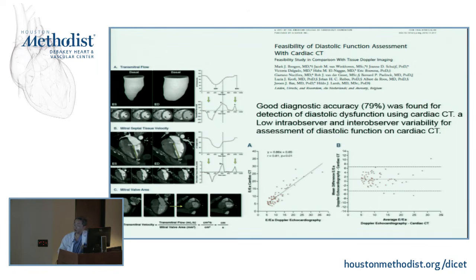So how do they calculate the E velocity through the mitral inflow? If you have a reasonable time-volume curve, you can convert it into a velocity, like on the left-hand side here.